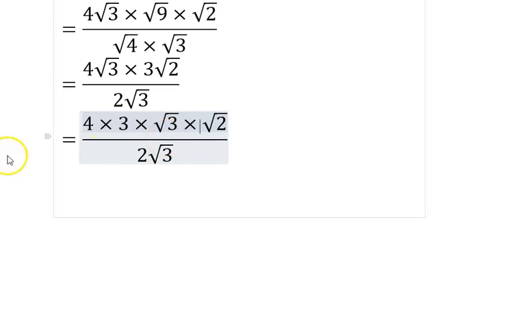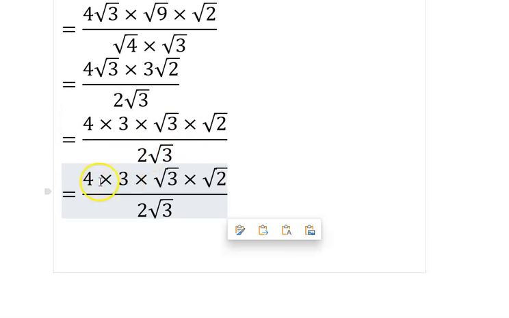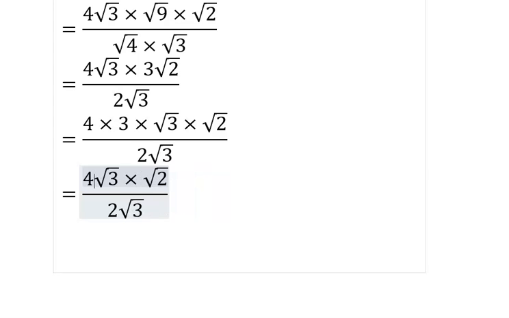So it's just for us to rearrange. Now 4 times 3 will give us what? 12. And we can put these 2 under the same roof as well. So since 4 times 3 will give us what? 12. And we can put this root 3 and root 2 together under the same roof, which is root 3 times root 2.